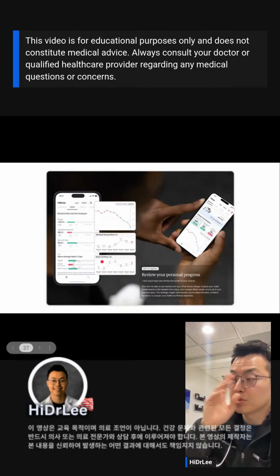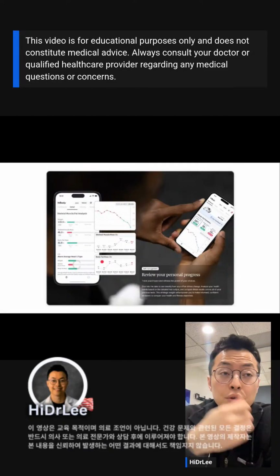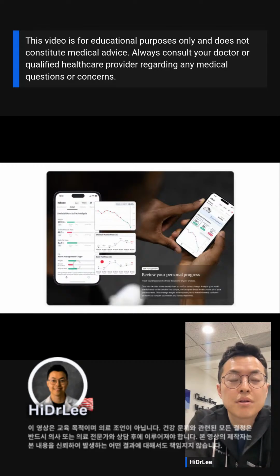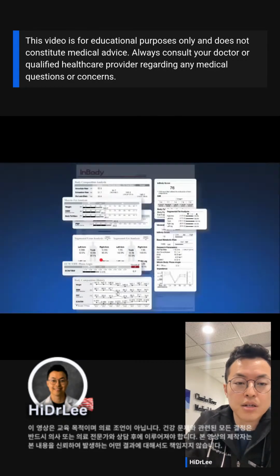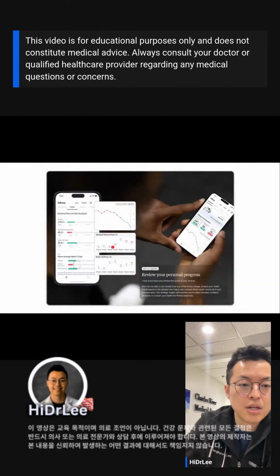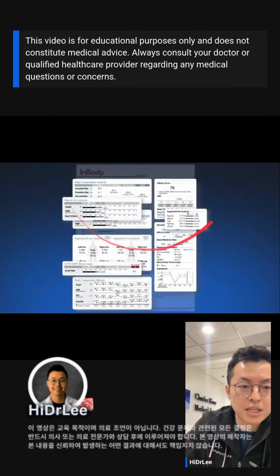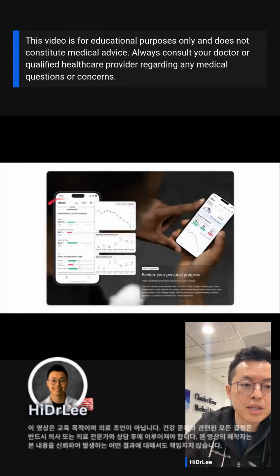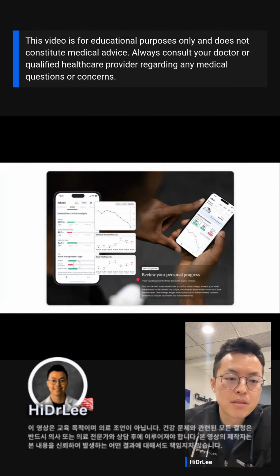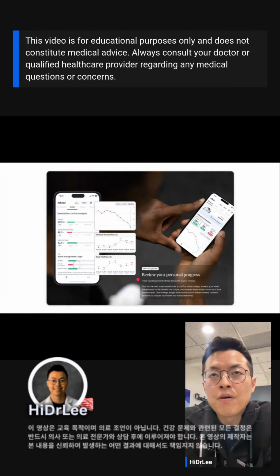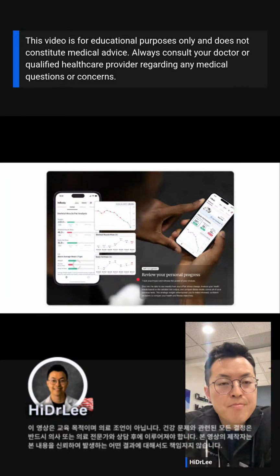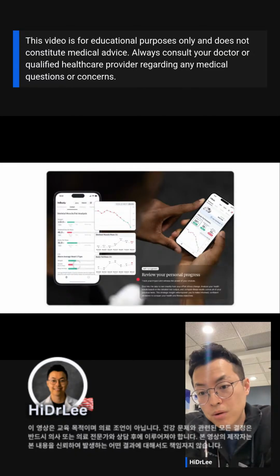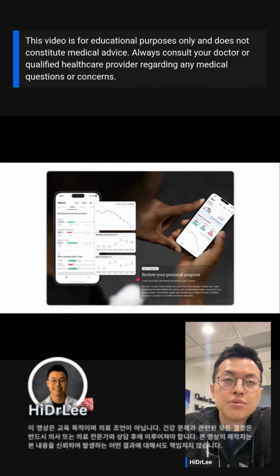Once the test is done, we give you the hard copy of the test result that looks like this, but you can also download it in the InBody app. We offer the InBody for free Monday to Friday, 8 to 4. So anybody can come in and do the InBody.